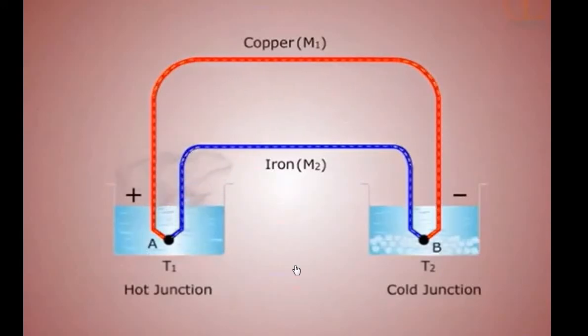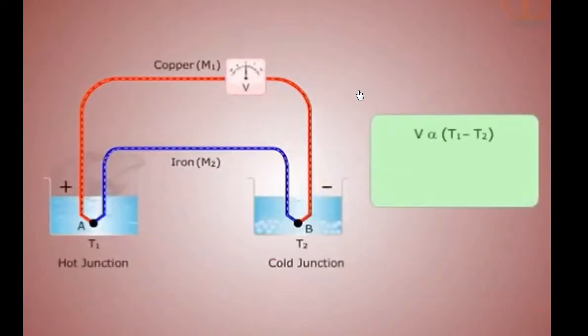Now the loop can be opened at any point, and an EMF appears across the open circuit point. The voltage is measured by connecting a voltmeter across the open circuit. We know that the voltage is directly proportional to the temperature difference.